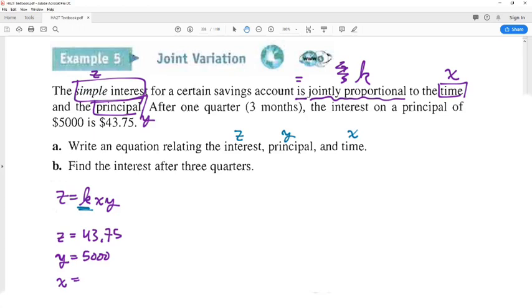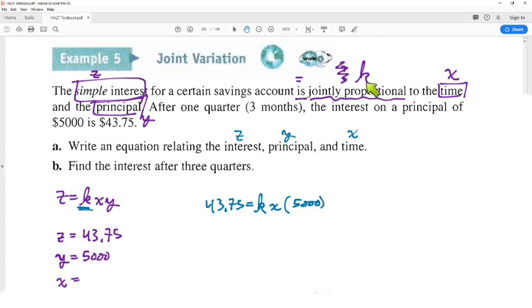So we got to find the k. So if we know that y is 5,000, we can write 5,000 right there. Oh wait, z is what I need to write first, the interest. So my interest is 43.75 equals k, that's what we don't know, x, which we haven't identified yet, and then we have y, which is 5,000.